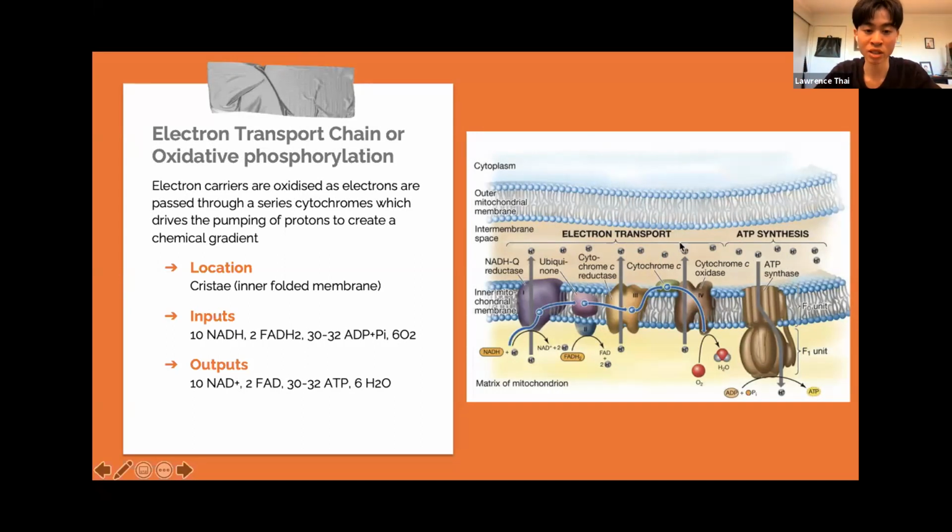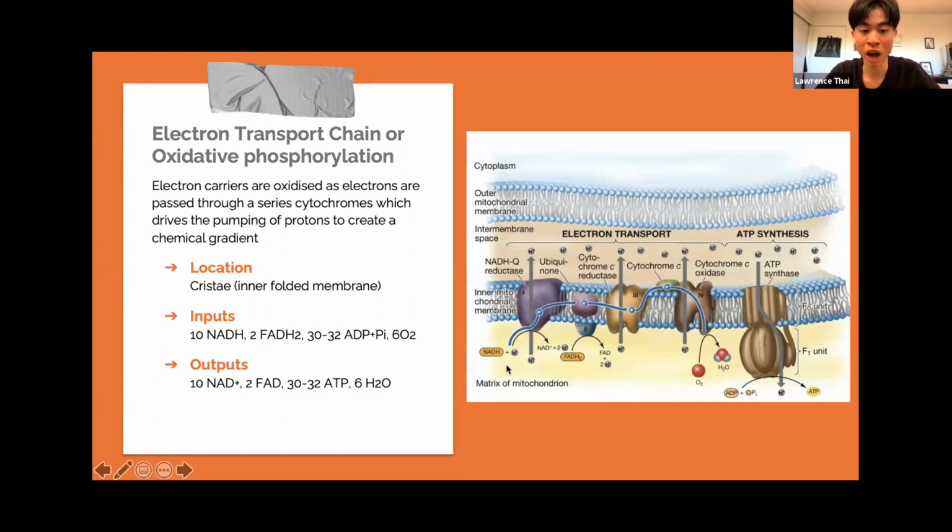These are numbered from 1 to 5. 1 to 4 are used to create that concentration gradient, like I said before, by pumping H plus from the liquidy space inside the mitochondria to the gap between the 2 membranes, to make it really acidic, because it's full of H plus, or low pH.